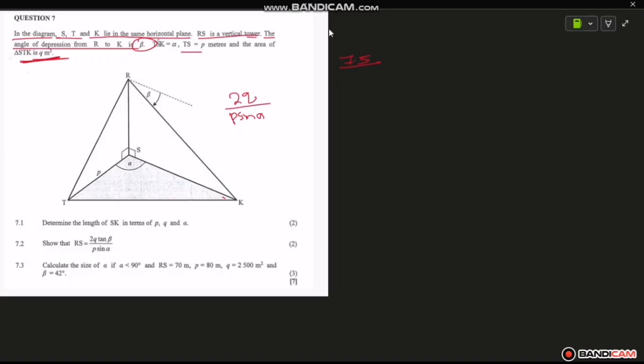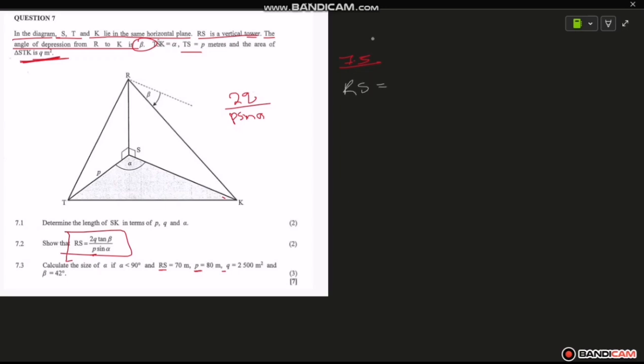7.3. We can use the very same RS. Let me see what we are given and what RS has. Yes, I think we can really use the very same RS. Why? Because we do have RS, P, Q and beta. Therefore, we can use it.